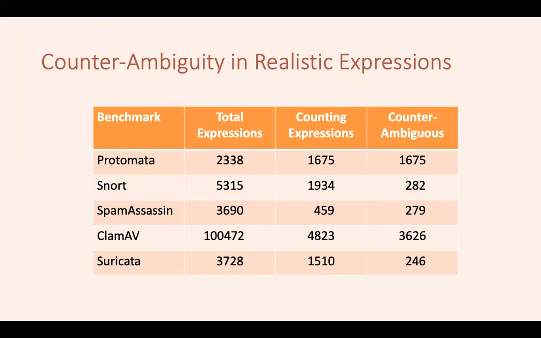Here, for example, in Automata, everything seems counter ambiguous. Part of the reason is that in Automata, every expression begins with a wildcard. So there is a sigma star at the beginning of the expression, and it could match an unknown number of values which would lead to different values in the counter.